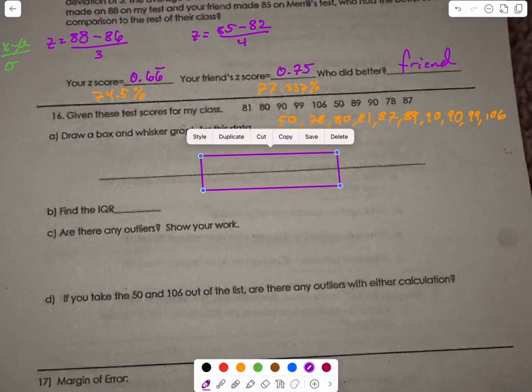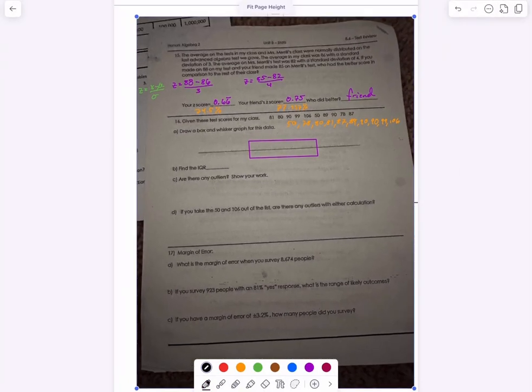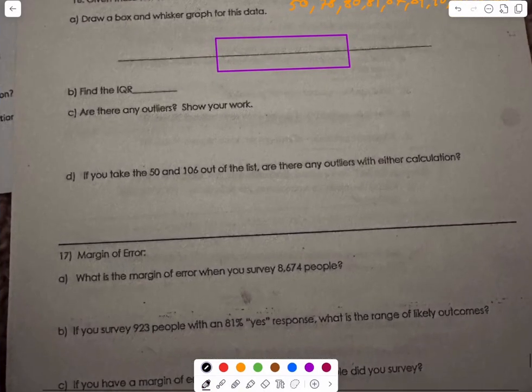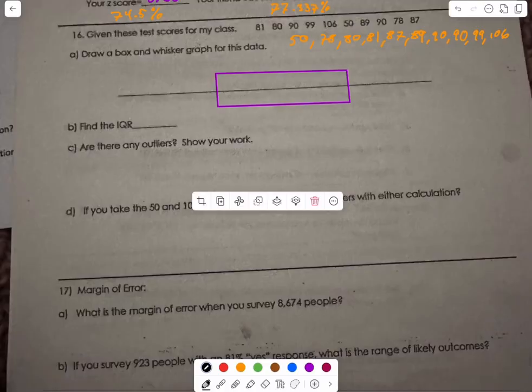So I want to say here we have outliers, like we have our max value.